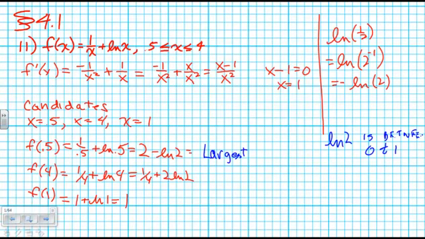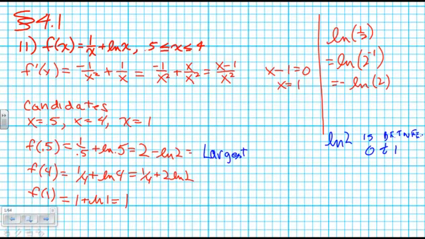It's some number between 0 and 1. So when I look at this, I'm saying this is 2 minus some number between 0 and 1. What about here? 1/4 plus 2 natural log 2 will be 2 times a number between 0 and 1. It could be more or less than 1, depending on what ln of 2 is equal to.